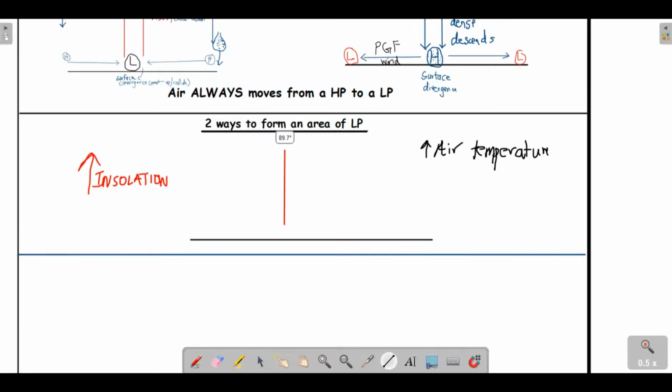These air particles receive a lot of energy, become excited, rise up, and become less dense. Because they do not apply any force on the ground, we say that an area of low pressure is created, because you have warm air that is less dense rising up because of insolation, because they have enough energy to do so. So that's the first way.